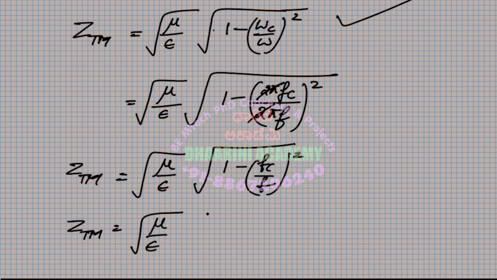What if I want to write in terms of lambda? Then that is 1 minus lambda by lambda c the whole square, right? Either use the first equation for TM, second one, or this third one. Any equation you can use and you can calculate the ZTM.